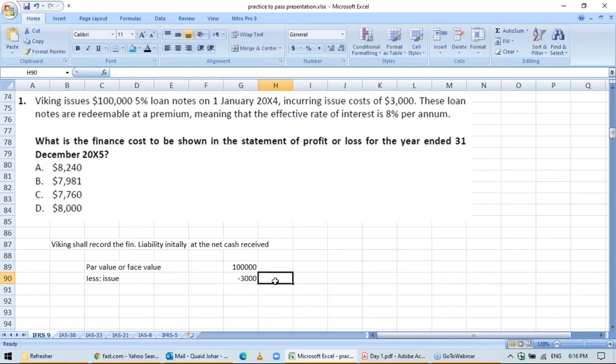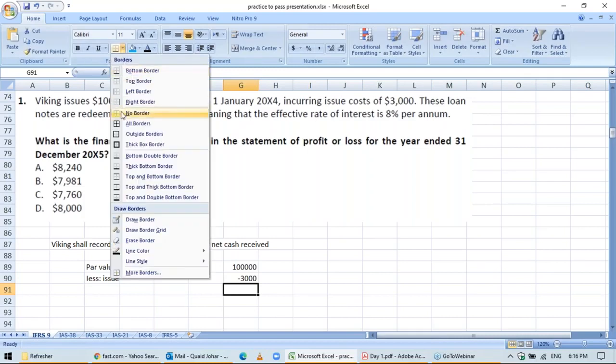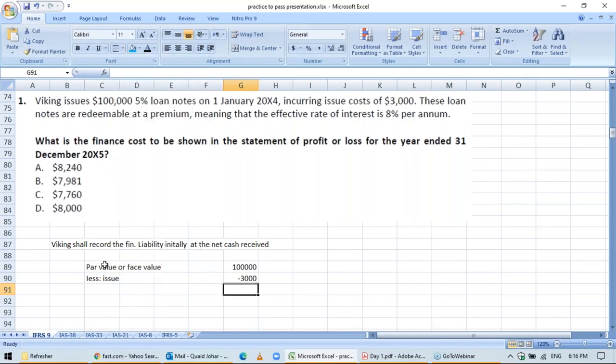So after paying these 3,000 issue cost, Viking is left with net cash received, which is 97,000.